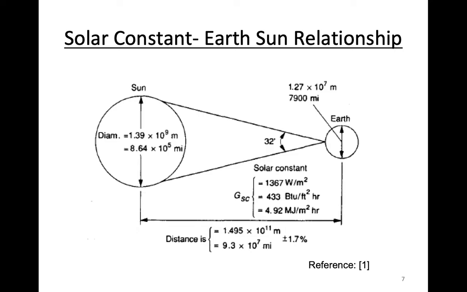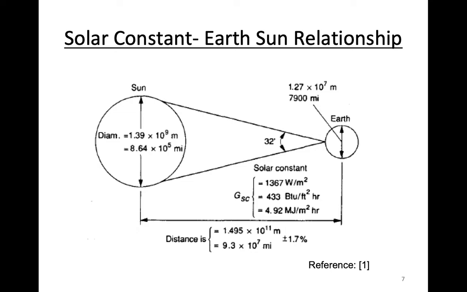The radiation emitted by the Sun and its spatial relation to the Earth results in a nearly fixed intensity of solar radiation outside the Earth atmosphere. The solar constant is the energy from the sun per unit time received on a unit area of the surface perpendicular to the direction of propagation of the radiation at mean earth sun distance outside the atmosphere.